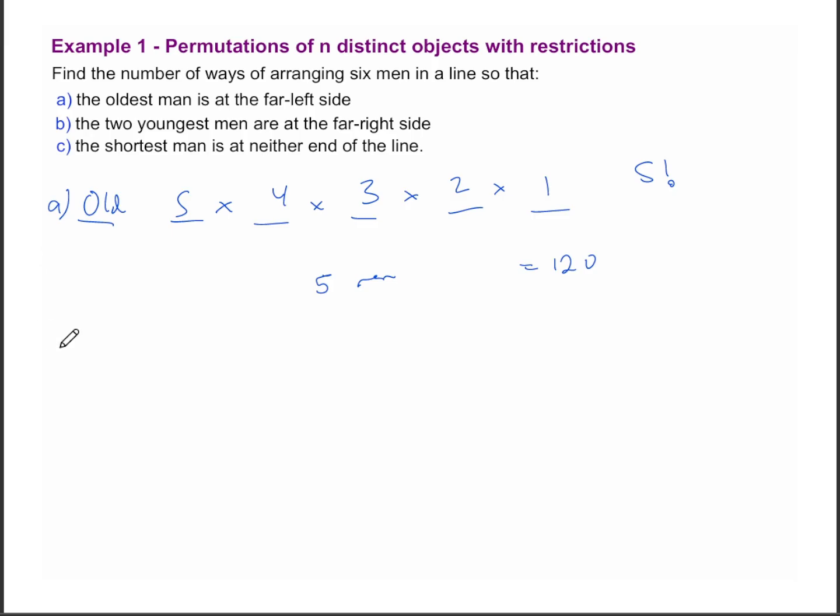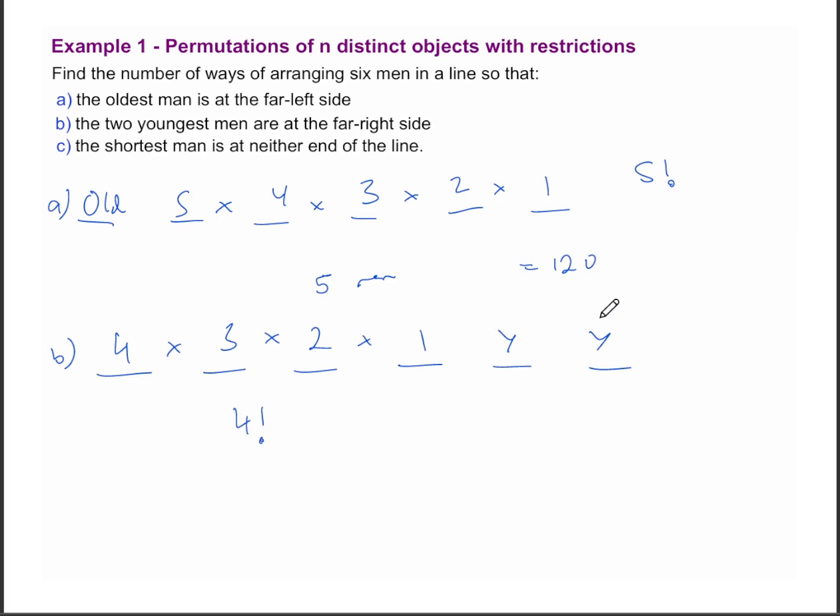That's for A. When we go to B, we're told that the 2 youngest men are at the far right side. So again, we have 6 spaces, 1, 2, 3, 4, 5, 6. And we're told that the youngest men are at the far right side. Now, the spaces that we have left are 4, and we have 4 men left, which is just going to be 4 times 3 times 2 times 1. So you'd think it's just 4 factorial, right?